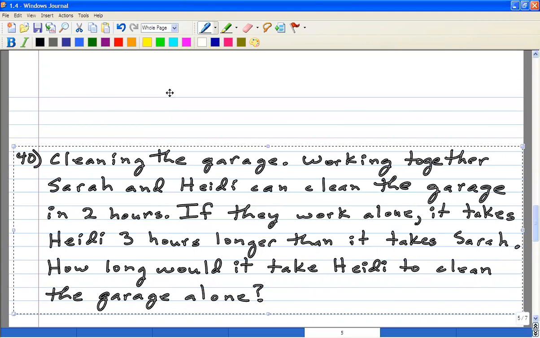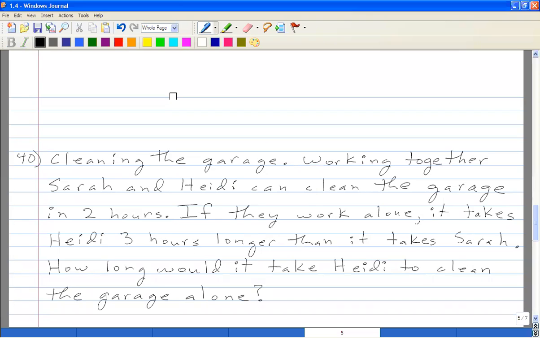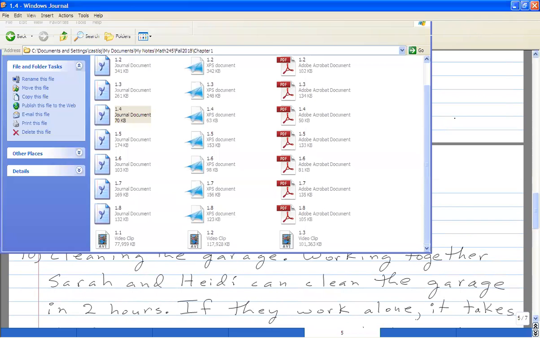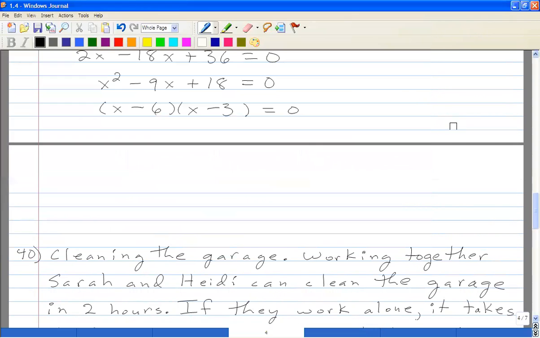Okay, so let me set each factor equal to 0. So by the zero factor property, I have that x... oops, one second. Okay, so let me get back.